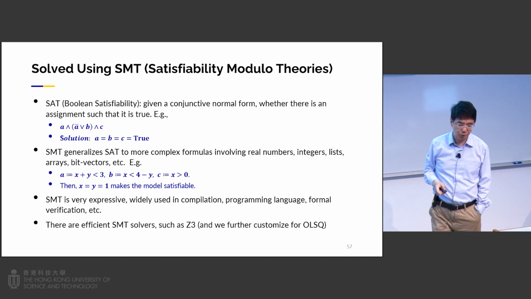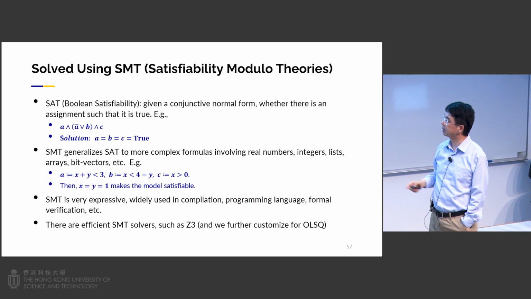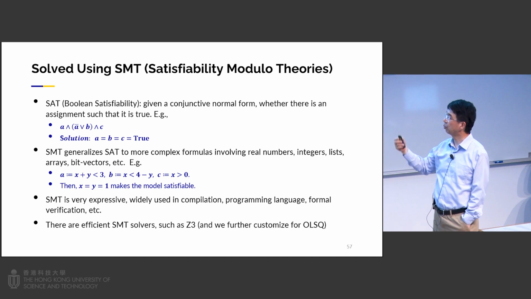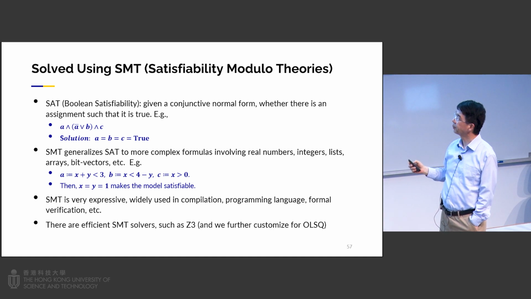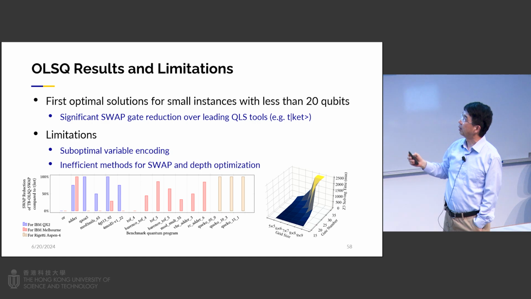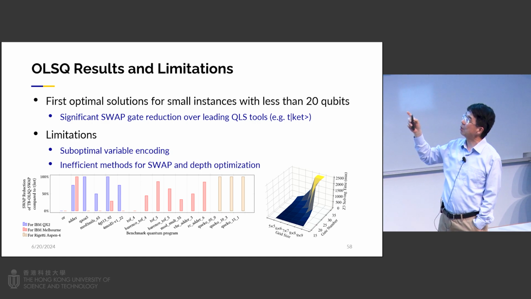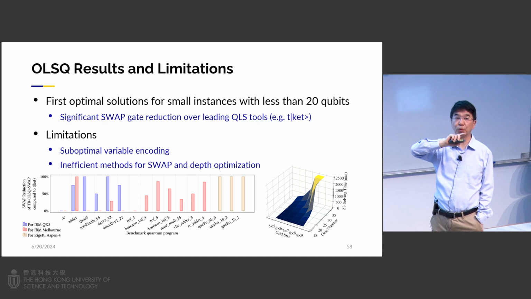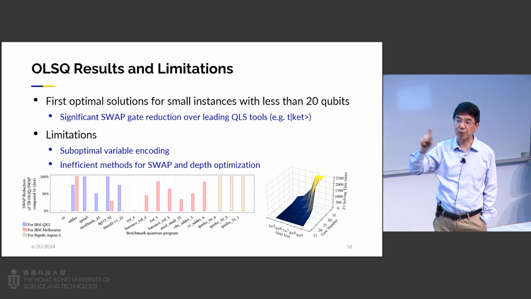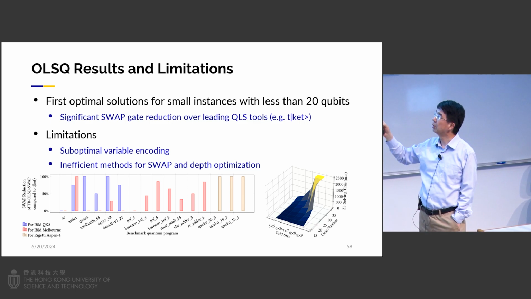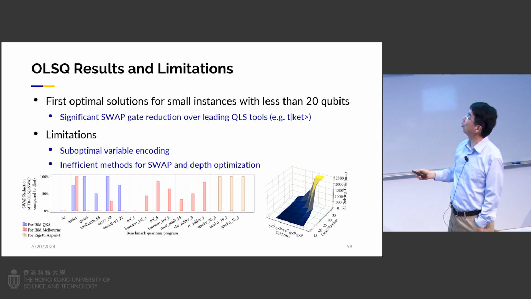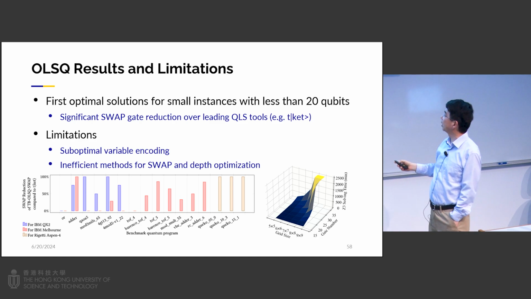I think it's an open source project. Some of the authors we were working with were from Microsoft. For the first time, with this result, we were able to solve the optimal space-time mapping problem up to 20, 30 qubits. But there are challenges.